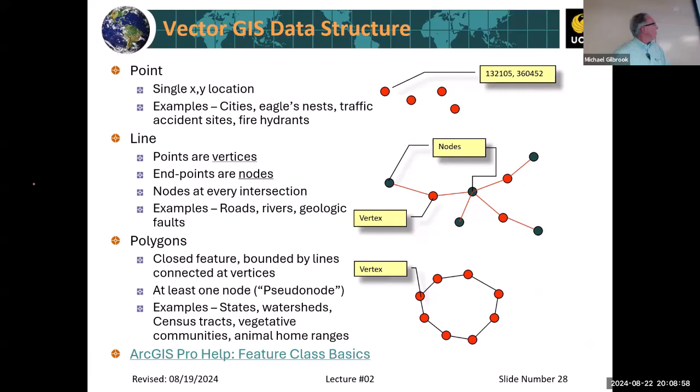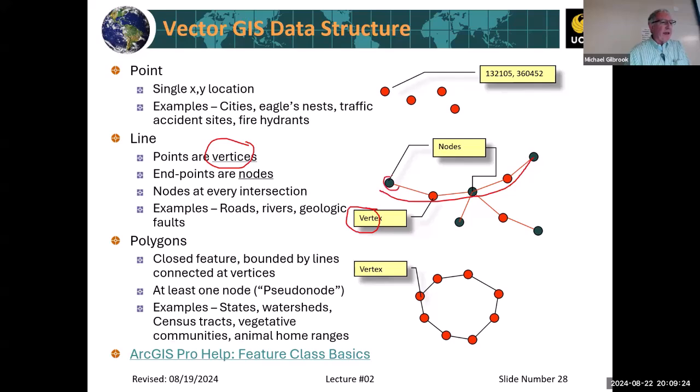All right, so we're representing points as a single XY location. Lines are a series of XY locations that are connected. So you've got individual vertices, singular is a vertex, plural is vertices. You've got the vertices connected by arcs or lines, and that makes up a line.